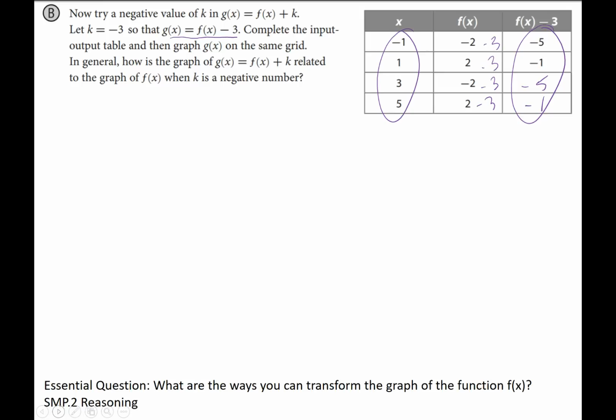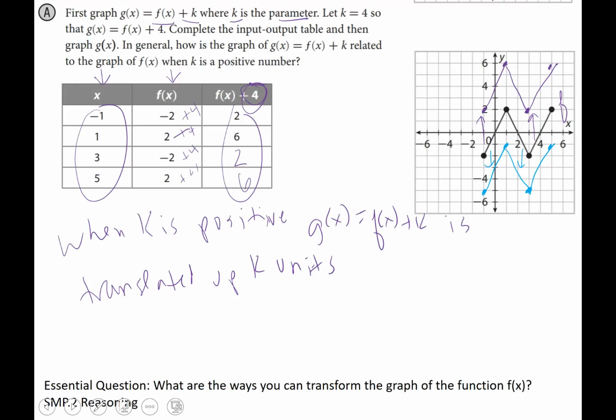So let's answer this question now. In general, how is the graph of g of x equals f of x plus k related to the graph of f when k is a negative number? So, let's see. How did I phrase that before? When k is positive.